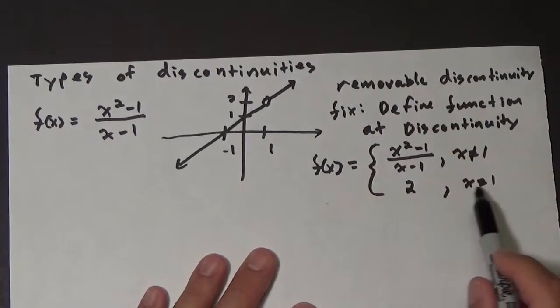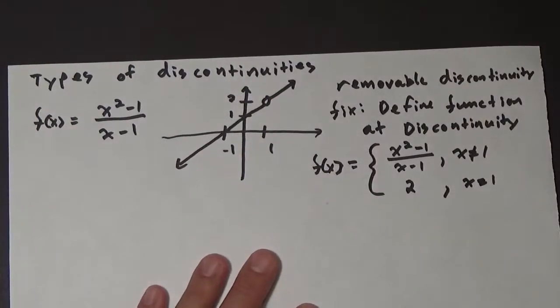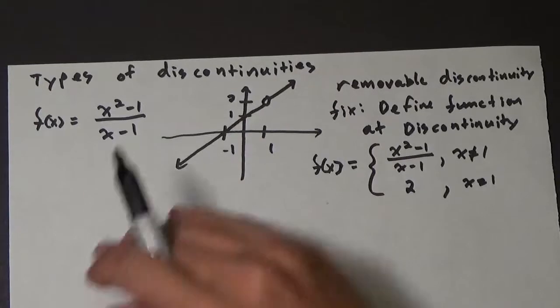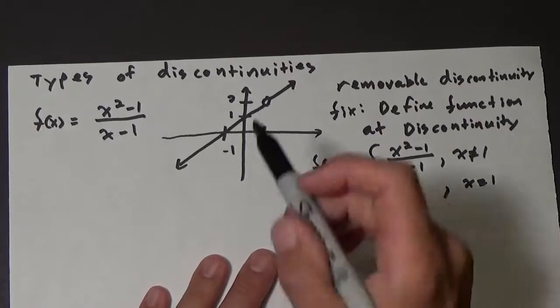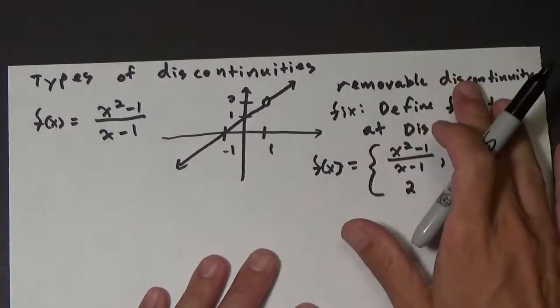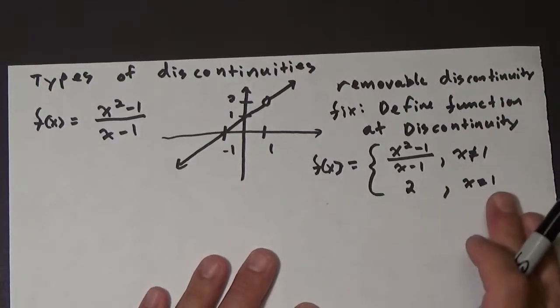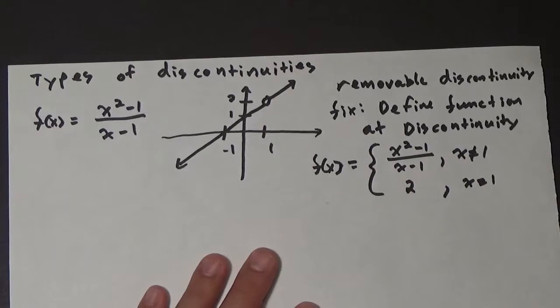By just adding this second line, we're able to put a point in that removable discontinuity, and now we have a continuous function. So if we have a removable discontinuity, you can fix it, and fixing it requires that you make a piecewise defined function and put in a point at that removable discontinuity.